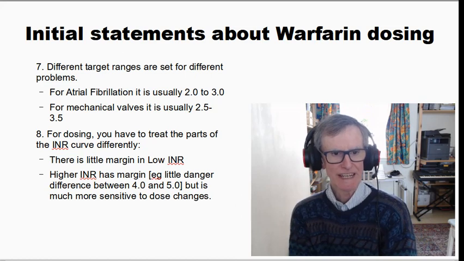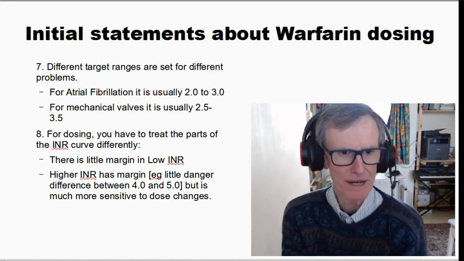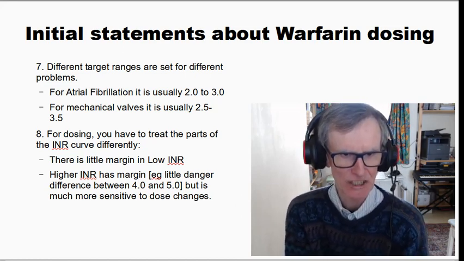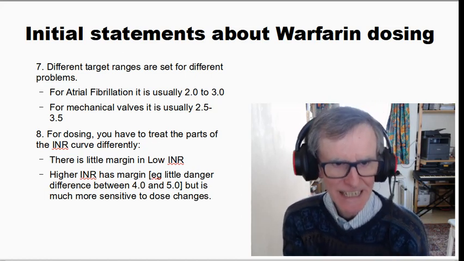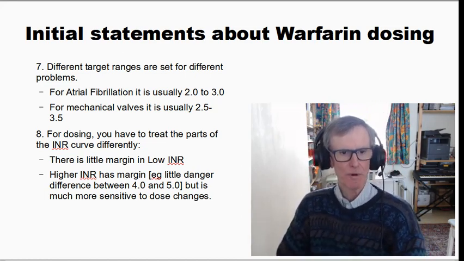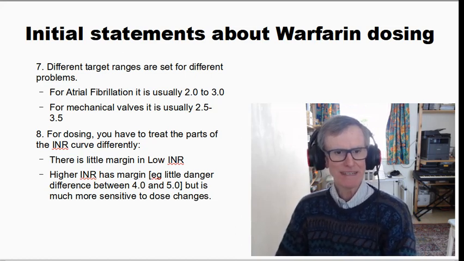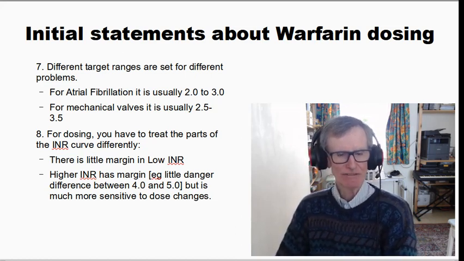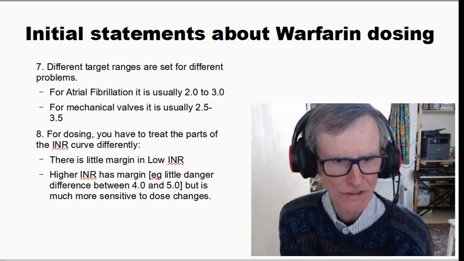Now, for dosing, you have to treat the parts of the INR curve differently. You have to look at the initial end, where there's the problem of clots, the middle part, which is safety, and the higher end, where there's a greater bleeding risk.